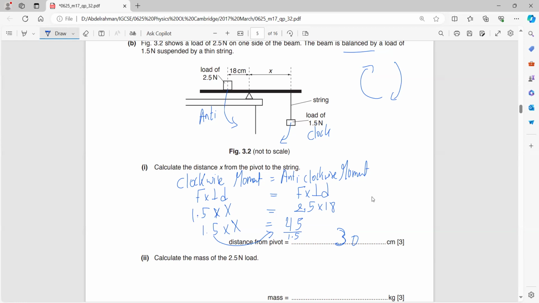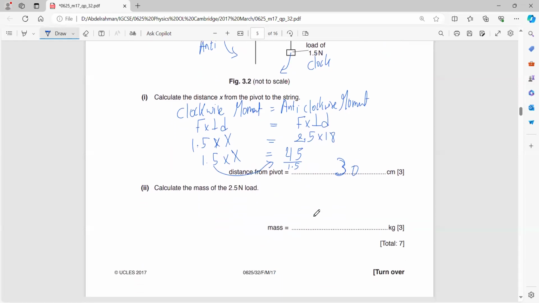Okay. Calculate the mass of the 2.5 load. How can I find the mass, guys? We know weight equals mg. I need the mass, so it's equal to weight over g. 2.5 divided by 9.8. What's 2.5 divided by 9.8? It would be around 0.255 kilograms, correct.